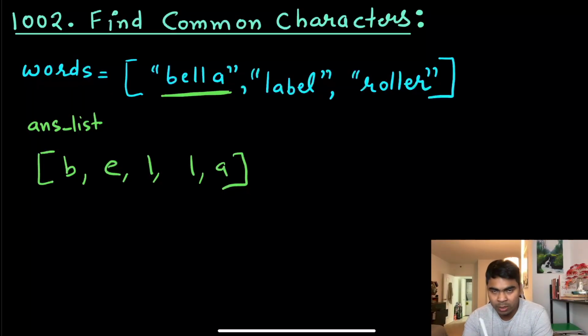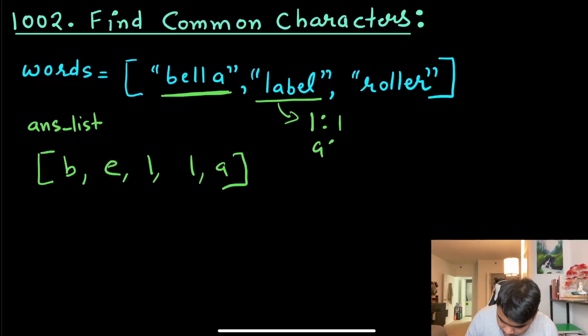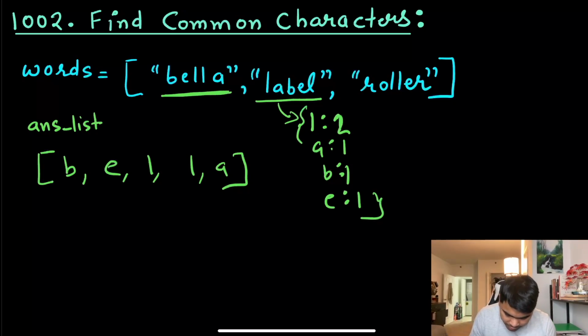Now I will go to the remaining words one by one, iterate over them, and check if all these characters exist. I record their frequency by creating a counter of this word, label. So L occurs twice, A occurs once, B occurs once, and E occurs once. I check if B exists here.